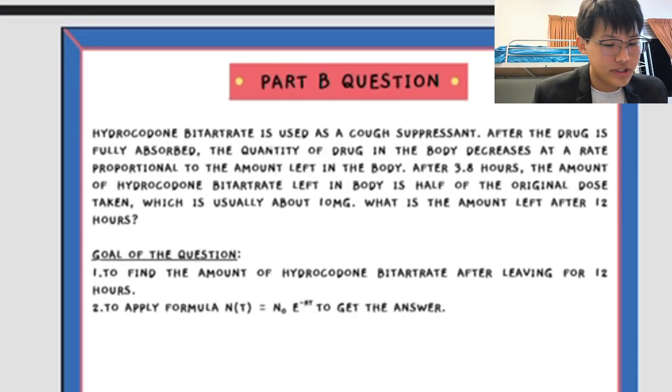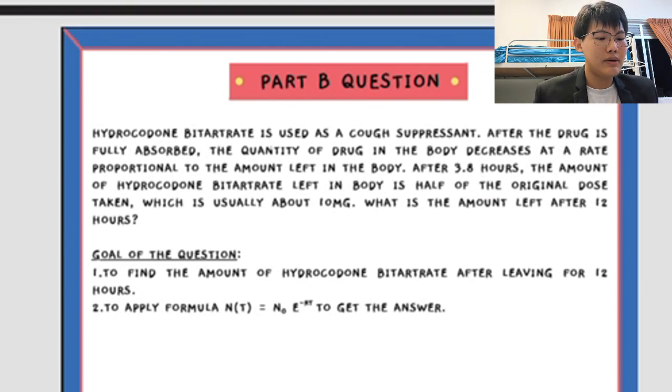Now for the part B question. Hydrocodone bitartrate is used as a cough suppressant. After the drug is fully absorbed, the quantity of drug in the body decreases at a rate proportional to its quantity left in the body. After 3.8 hours, the amount of hydrocodone bitartrate left in the body is half of the original dose, which is usually about 10 milligrams.